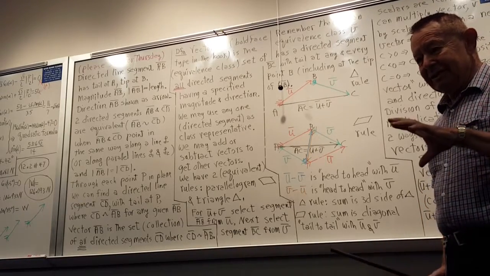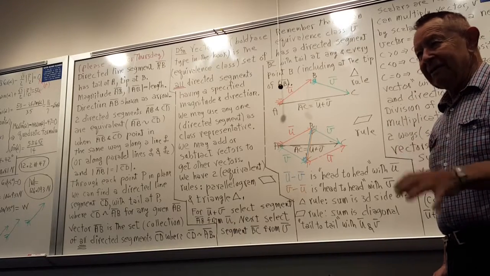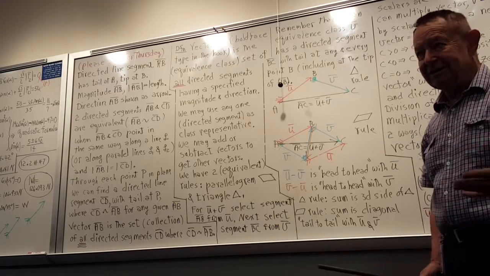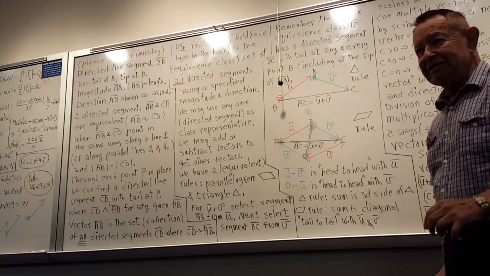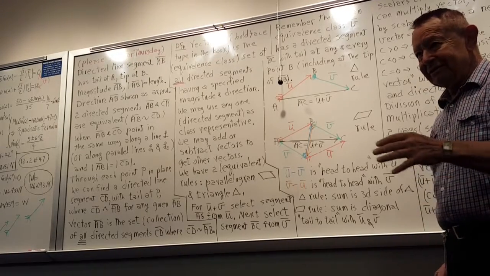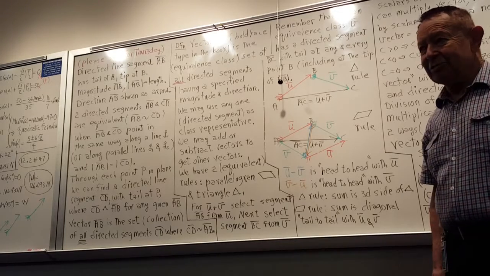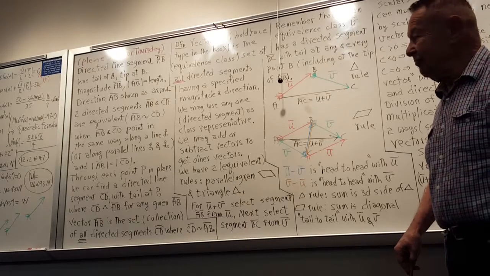Because as long as the arrow points a specified way and has a specified length corresponding to the magnitude of a force, then you have fully specified it regardless of where you put its tail. So you put it wherever it's appropriate to the particular problem you have.